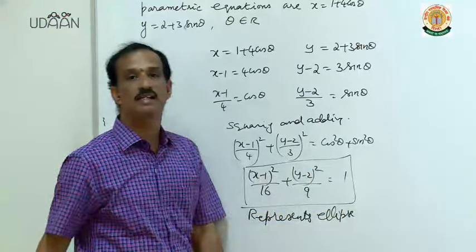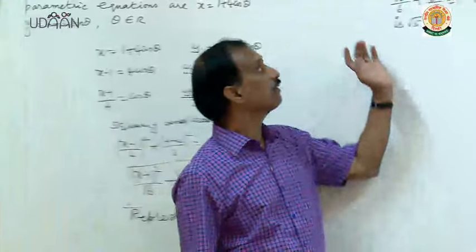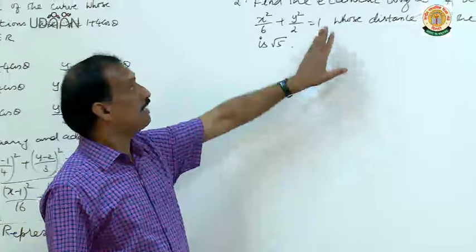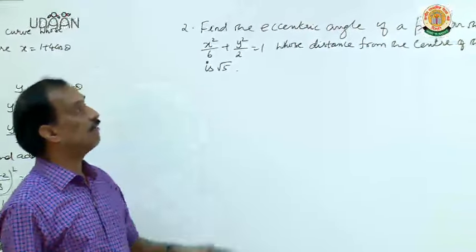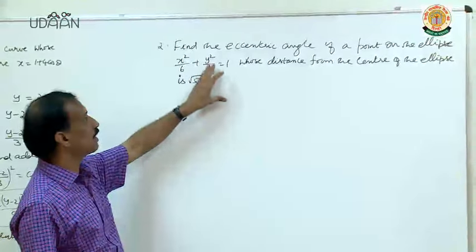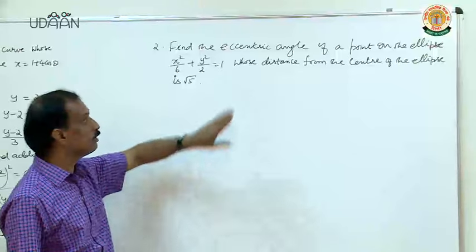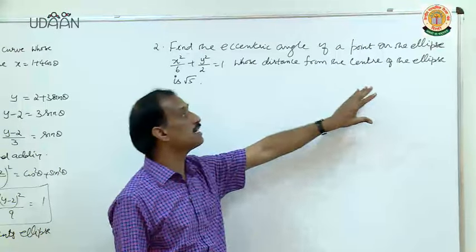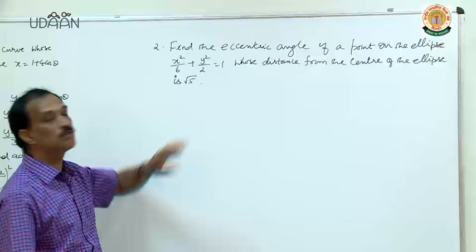Now, what is the next example telling us? Find the eccentric angle of a point on the ellipse x square by 6 plus y square by 2 equal to 1 whose distance from the center of the ellipse is root 5.